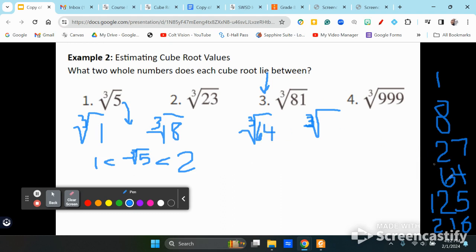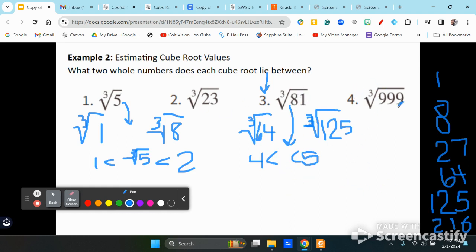And then the next number that's bigger than 81 is 125. And then I know that 64 is 4, and 125 is 5. So that means this number here is between these two things. I would write it, but it's really messy. So I would write that inside there. And that's how you can figure it out.